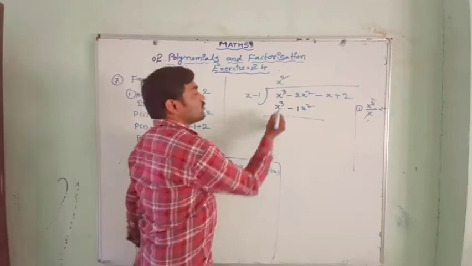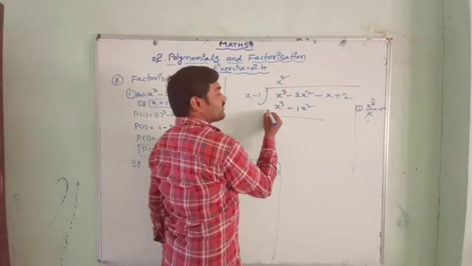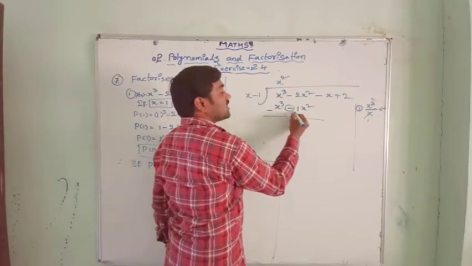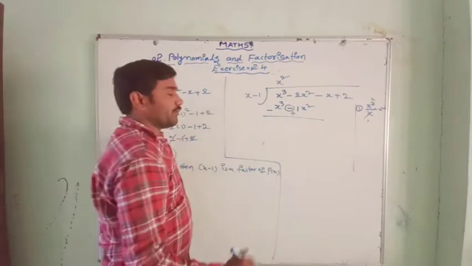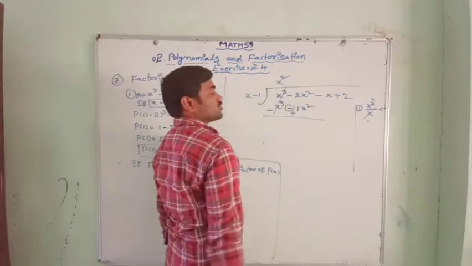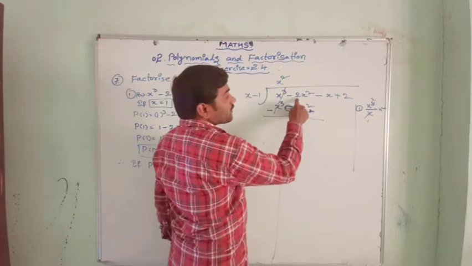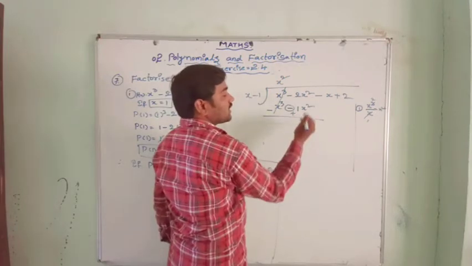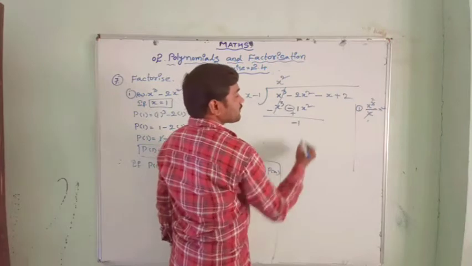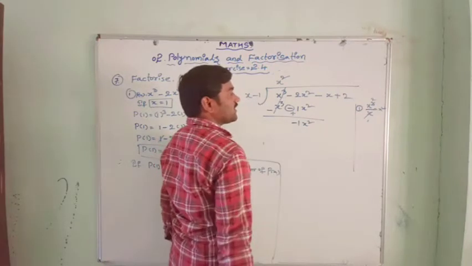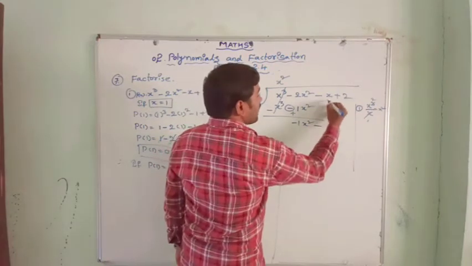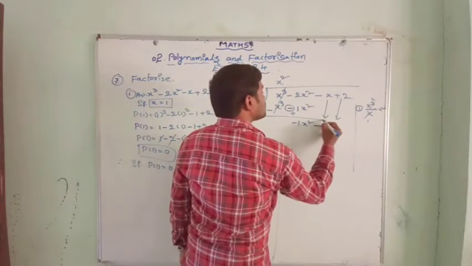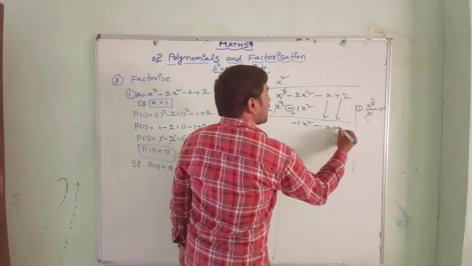So the second polynomial we have to multiply by minus, that means we interchange the sign of every term. So plus x cube minus x cube get cancelled. Here minus 2x square plus 1x square, 1 minus 2, that is minus 1 x square. And we bring down the remaining two terms, that is minus x and plus 2.